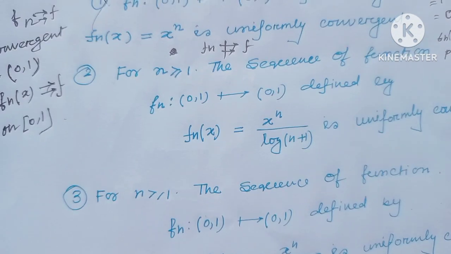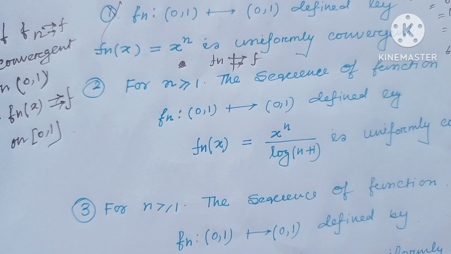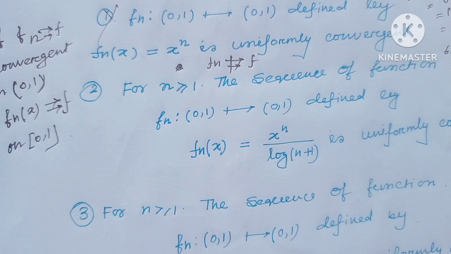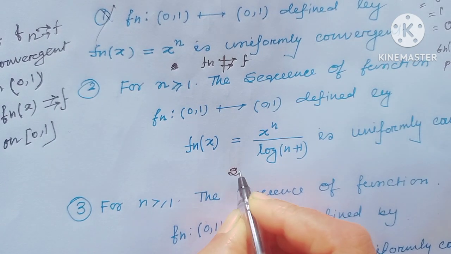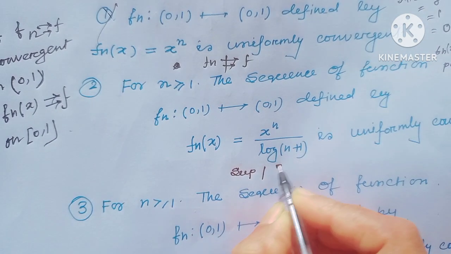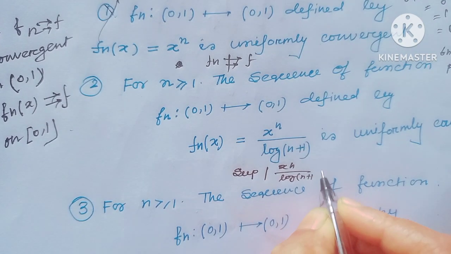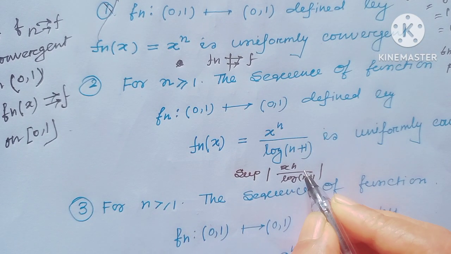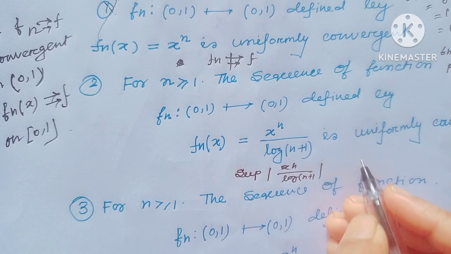Now let's see whether this convergence is uniform. Here apply the Mn test: the supremum of x to the power n over log(n+1), and this supremum value exists at x equal to 1.